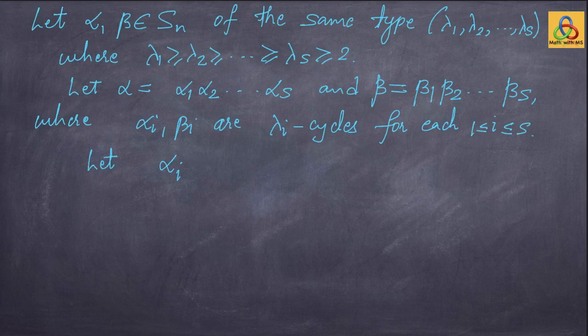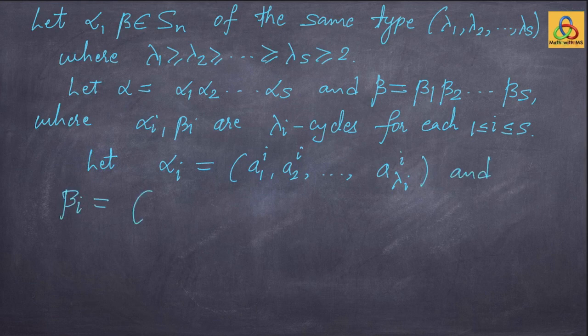So let alpha i equal to a1i, a2i and so on, a lambda i. This is a cycle of length lambda i, and similarly beta i as b1i, b2i and so on, b lambda i.